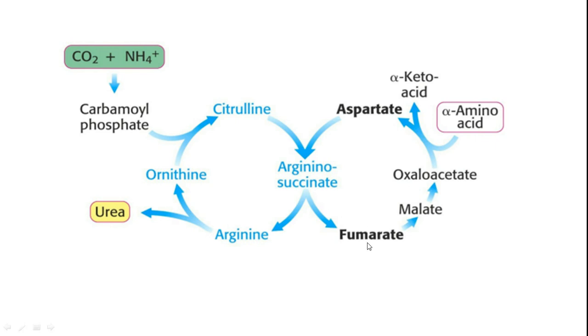And the fumarate that is formed will enter the citric acid cycle, so that fumarate becomes malate, then oxaloacetate, then aspartate. Oxaloacetate to aspartate is done by taking an amino group from alpha amino acids, so that alpha keto carboxylic acids are biosynthesized. Here arginine ultimately gets dissociated into ornithine and urea. This ornithine enters the urea cycle again.